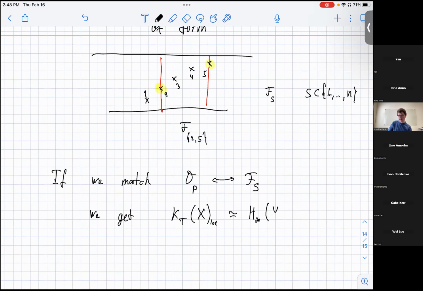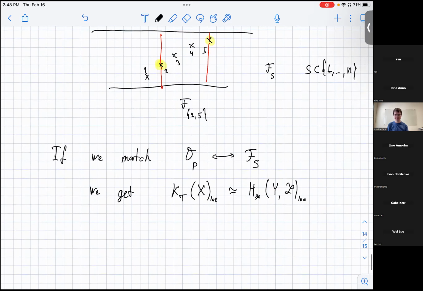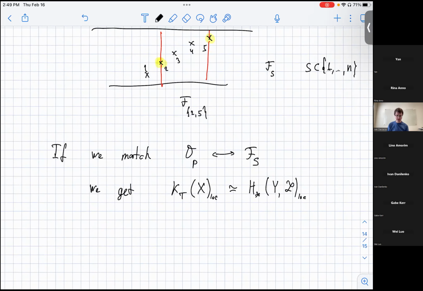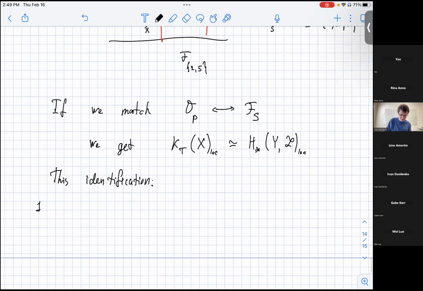So far it doesn't tell basically anything except that they are vector spaces of the same dimension. But under this identification, first of all, it is an isometry.